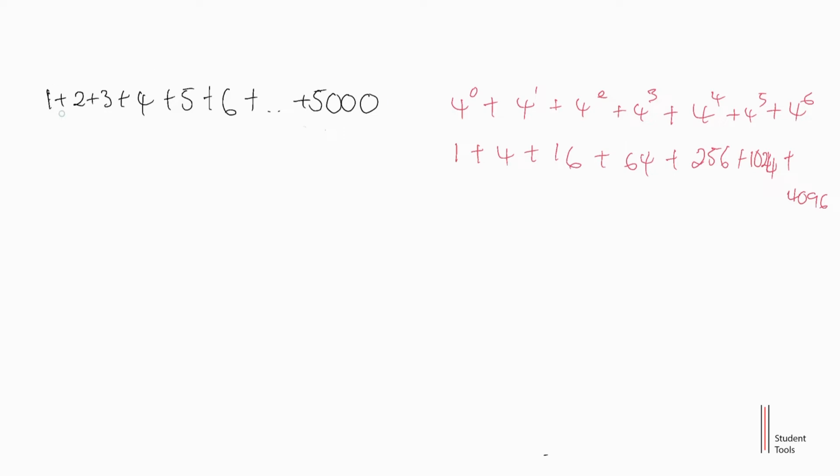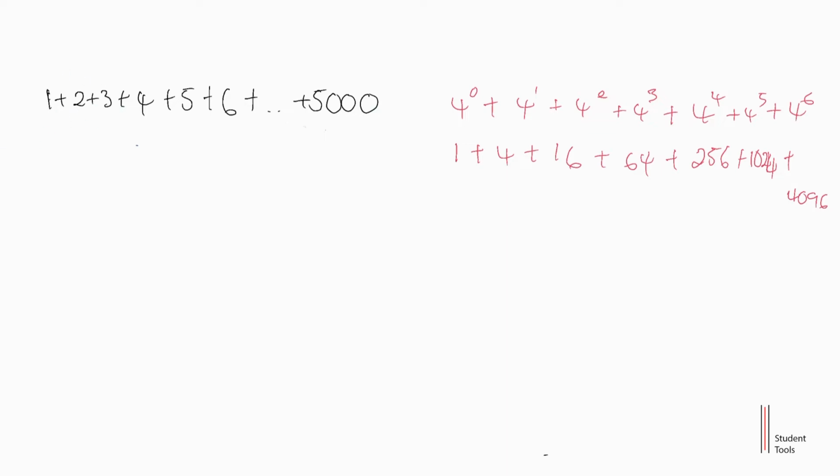Okay, to do that, let us first find the equation of this series, or the general term of this series. So to find the general term of this series, we first have to determine what kind of a series this is. Is it arithmetic, is it geometric, or is it something else? So first let us check if it's arithmetic.